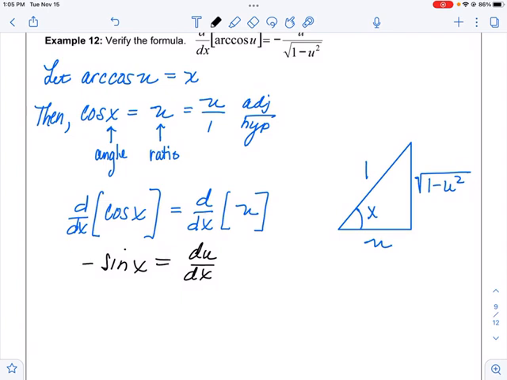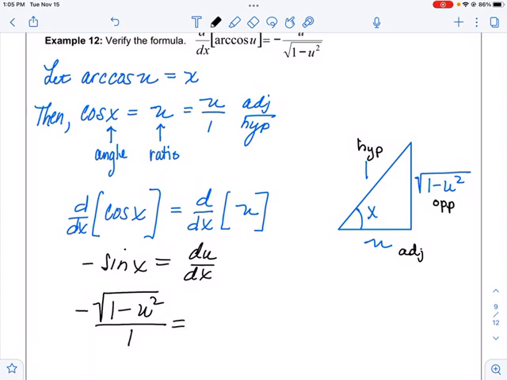Now from the original problem, you can see where you had this is your adjacent and this is your hypotenuse. So we can figure out what the other side is by doing a quick Pythagorean theorem, 1 squared minus u squared, and then take the square root of it to get this. So this is the opposite side. And what we want for the sine is the opposite. So we get the negative square root of 1 minus u squared, and then that's going to be over 1.